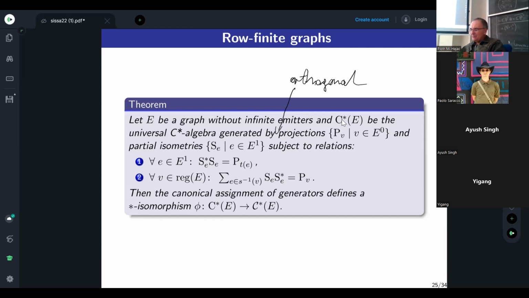So I have a C star of E, the universal C star algebra generated by projections, straight P, and partial isometries, straight E, subject to relations. And you can see that the relations are very much as before, except you have no infinite emitter, so 3 is gone. But most importantly, I do not assume that SF star SE is equal to 0 and F is different from E. I do not assume it. I'm going to prove it. But it does not follow for all graphs. It follows only for row finite graphs.